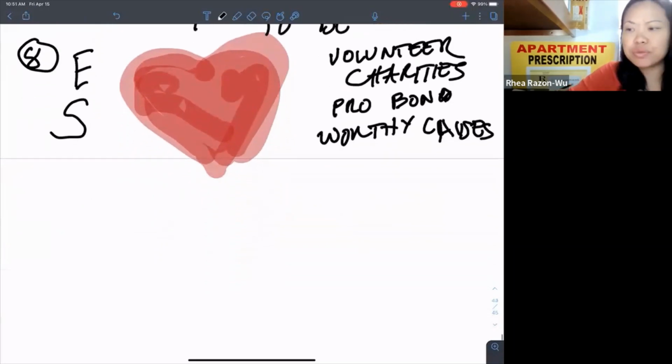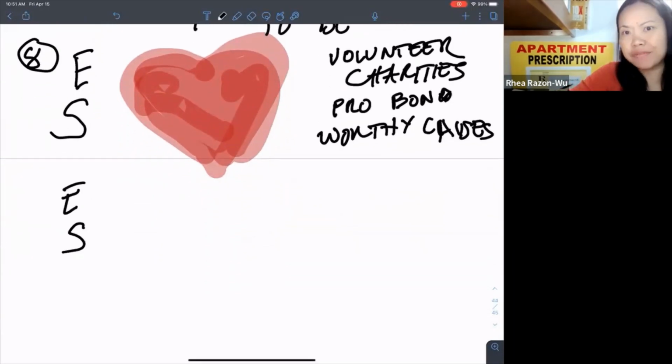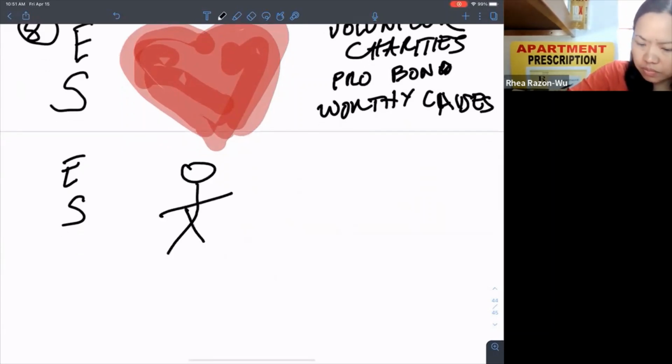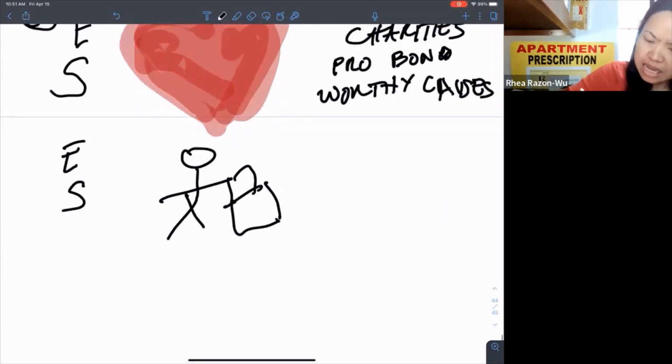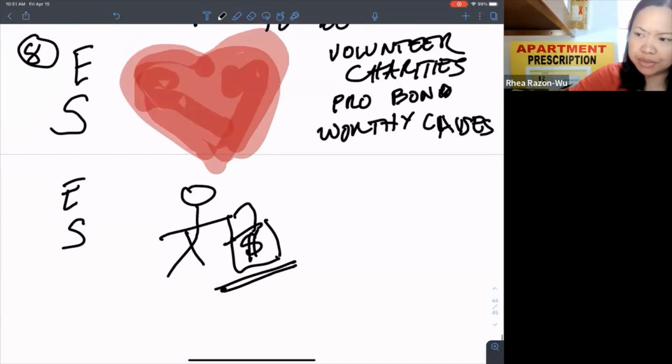But we have to remember that in order for them to get earned income, they have to work.